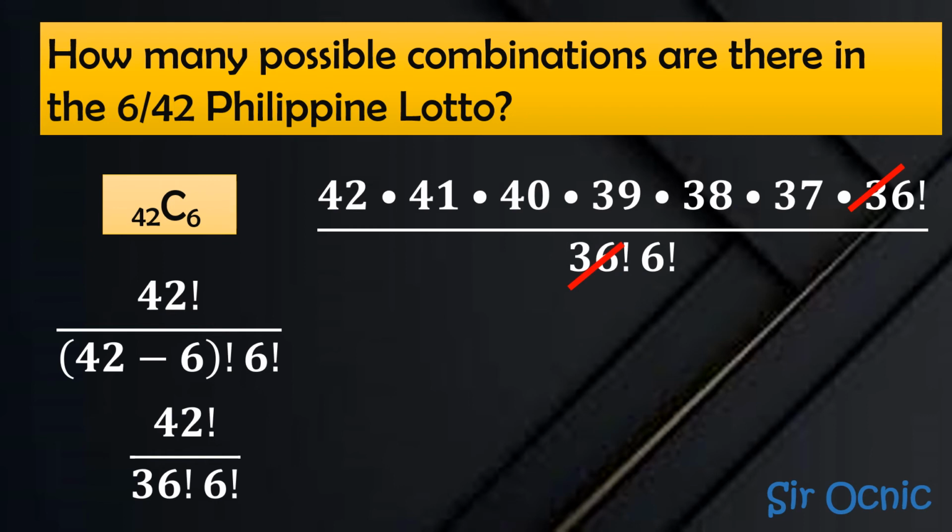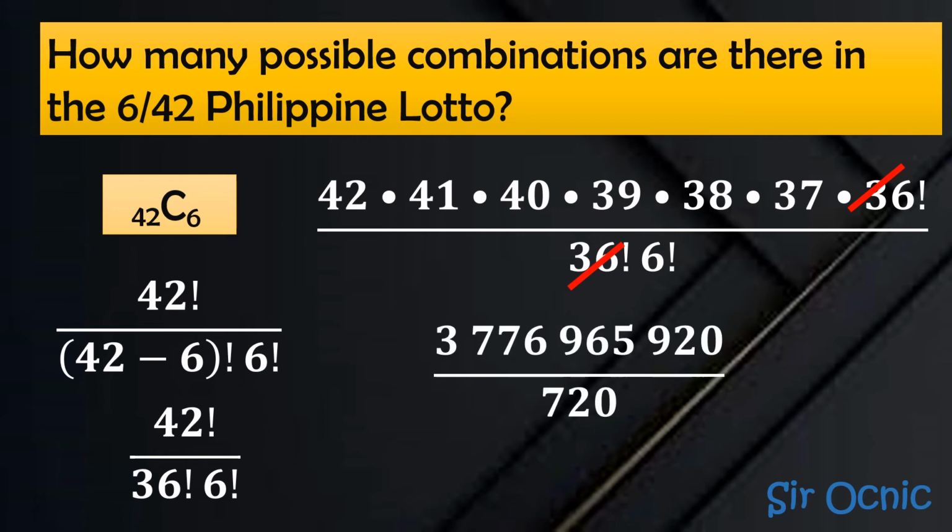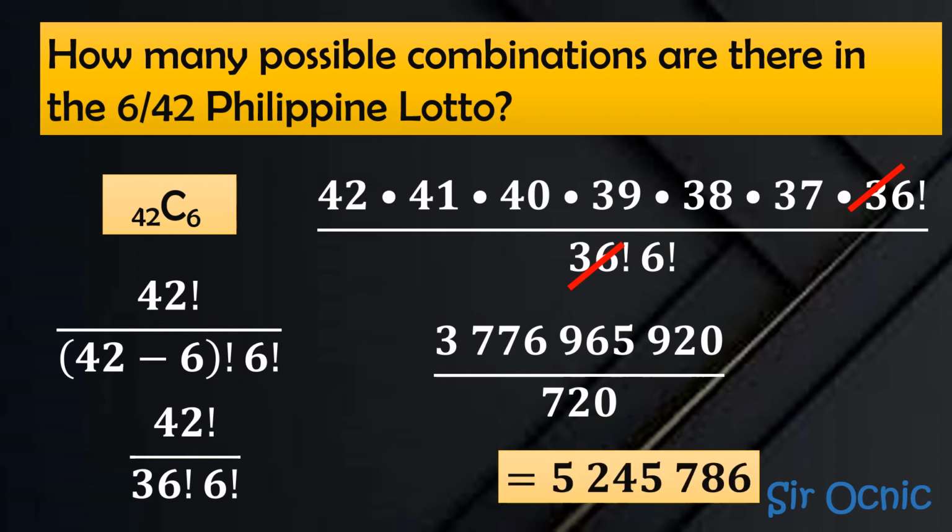Cancelling the common factor, which is 36 factorial, and simplifying the numerator and the denominator, that will be equal to 3,776,965,920 divided by 720, or simply 5,245,786. That means that we have 5,245,786 total combinations in the 6/42 Philippine Lotto.